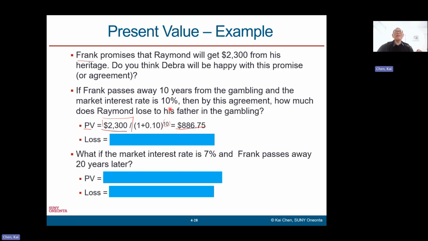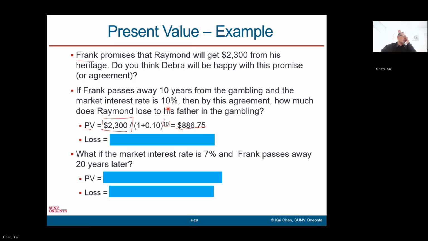Of course, we have learned the future value, right? If Raymond received $886.75, and deposited it into his bank and kept the account for 10 years, then 10 years later he would receive $2,300.